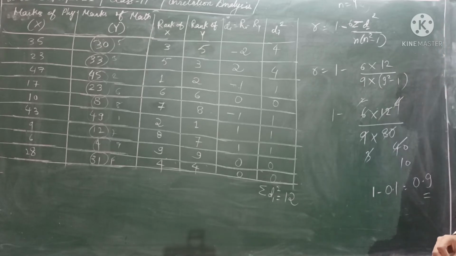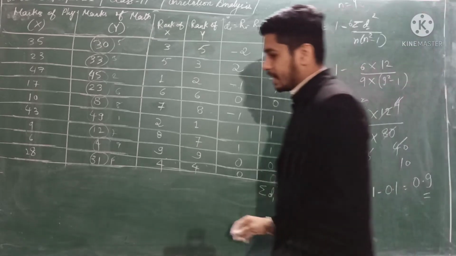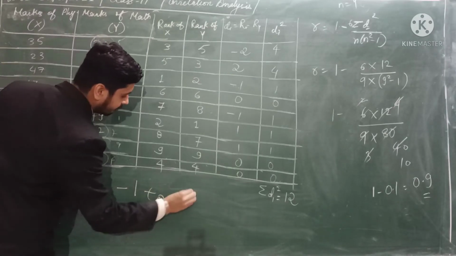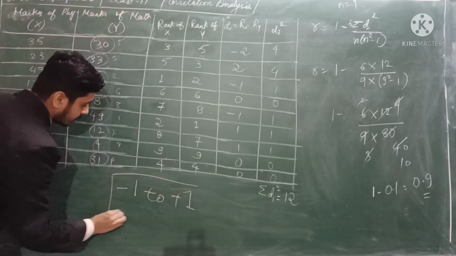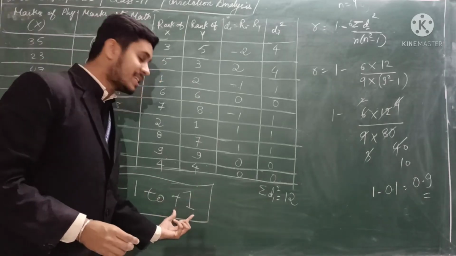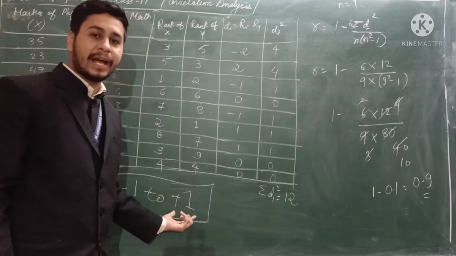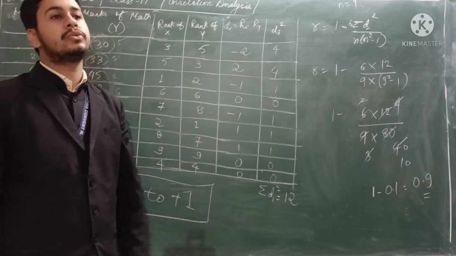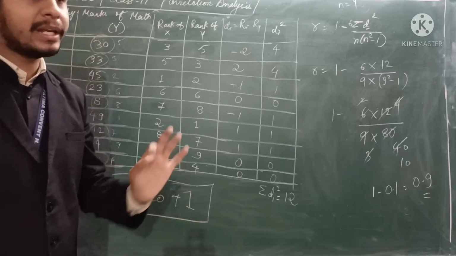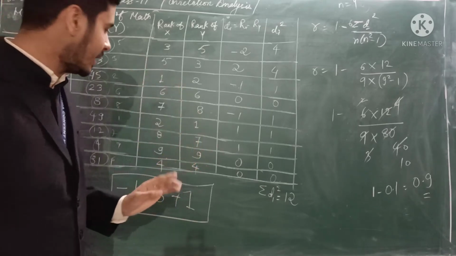Let me tell you that for the Spearman's rank correlation coefficient, your R value can be from -1 to +1. If it is exactly 1, then we say that the agreement between the two variables is in the same direction and they have a strong correlation.